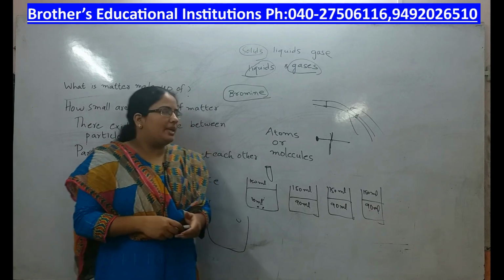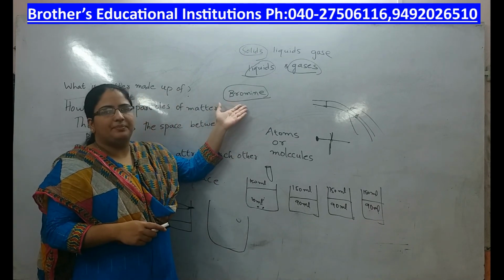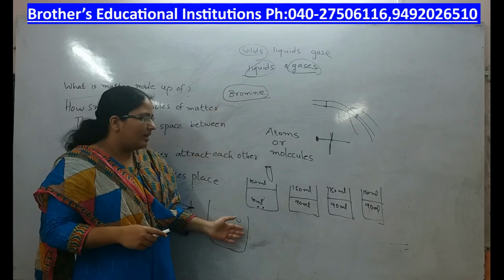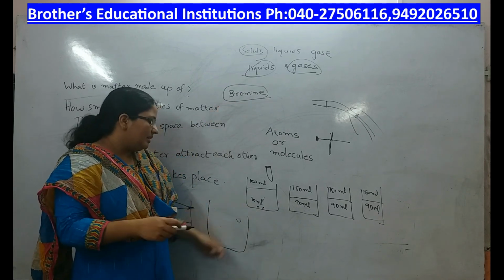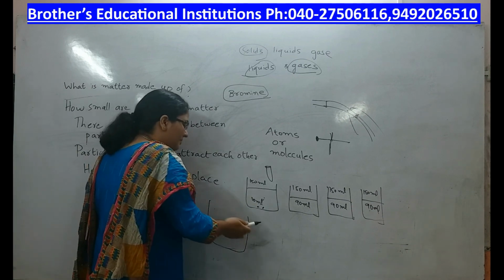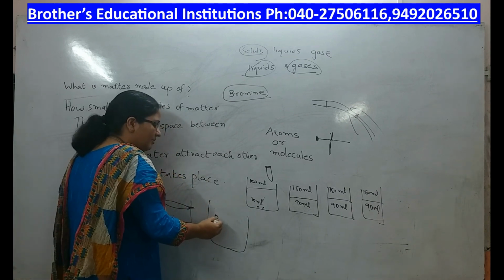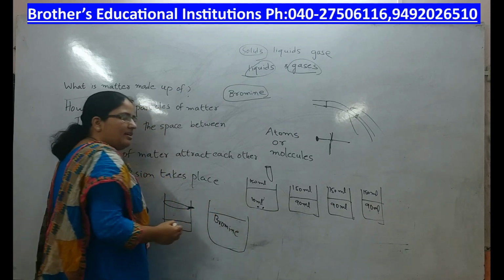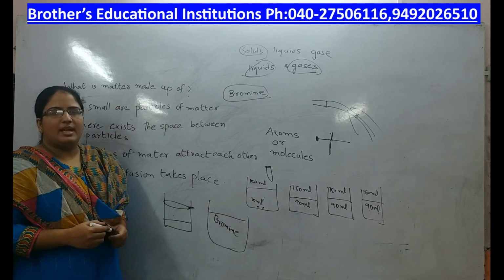Now tell me, in which case does bromine gas spread faster, in vacuum or in air? Obviously vacuum is empty space, so bromine spreads faster in vacuum compared to air.